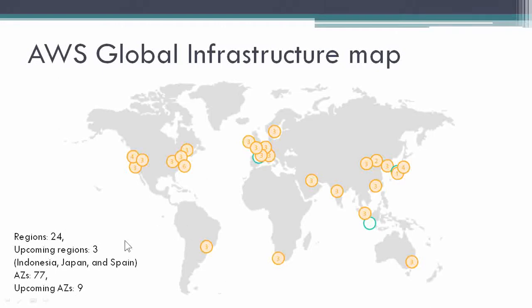Currently there are a total of 77 AZs available, and 9 more AZs will be coming in the future. So there are 9 upcoming AZs and 3 upcoming regions. Okay, now we will see one by one the basic components of the AWS global infrastructure.